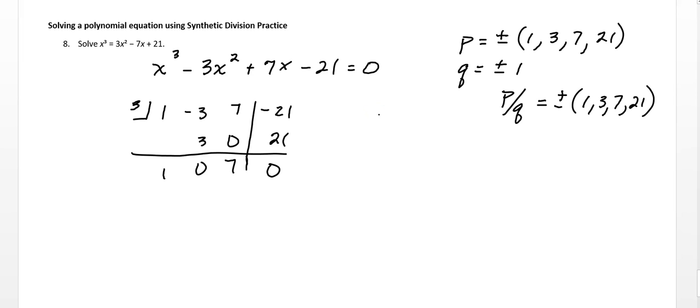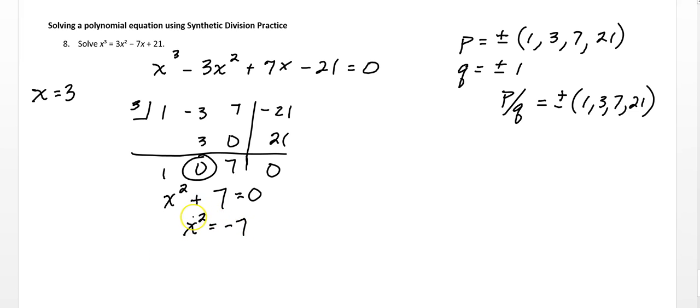So now we know that x equals 3 is a 0. And this breaks down into x squared plus 7 because of the 0x. And now we can solve this because it's a quadratic.